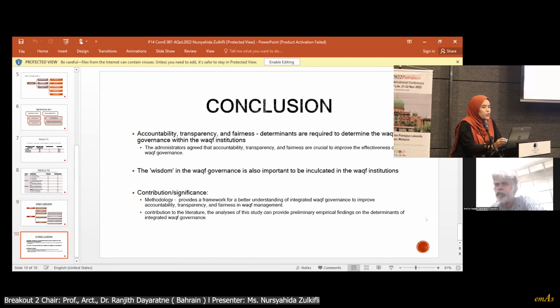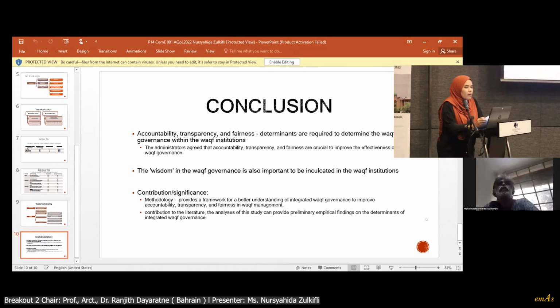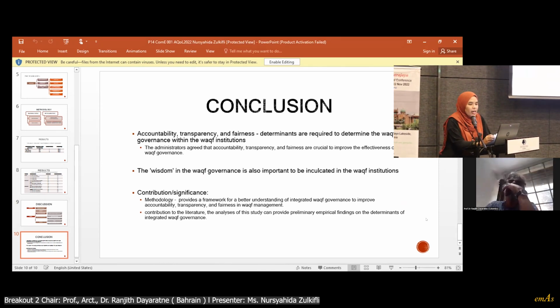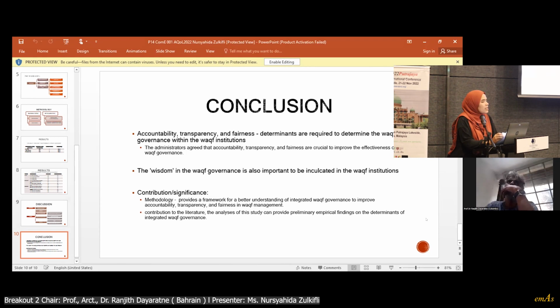Okay, so to conclude, accountability, transparency, and fairness are the determinants required to determine wakaf governance in the wakaf institution, based on the mean value and one of the findings of the study.